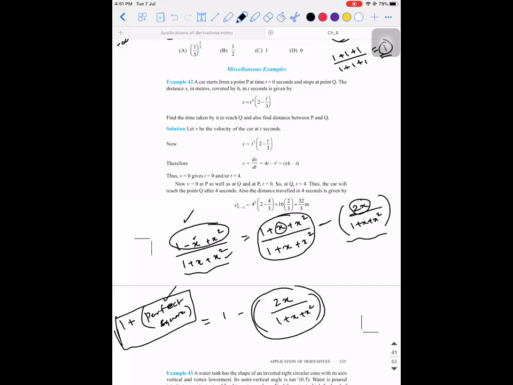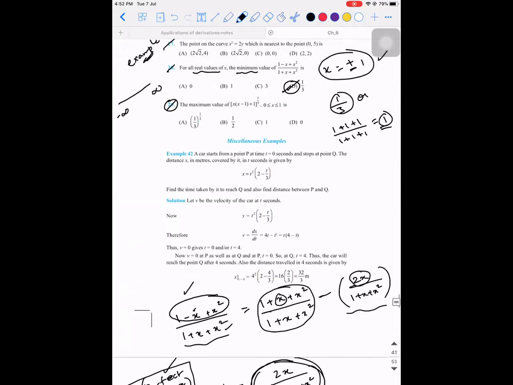What is the least value of a square? It is 0. So then the minimum value will be 1 plus 0. That's it. For this problem, it will not work, because you have a minus and this thing is not a perfect square. Okay, sir. So you cannot use trial and error method.